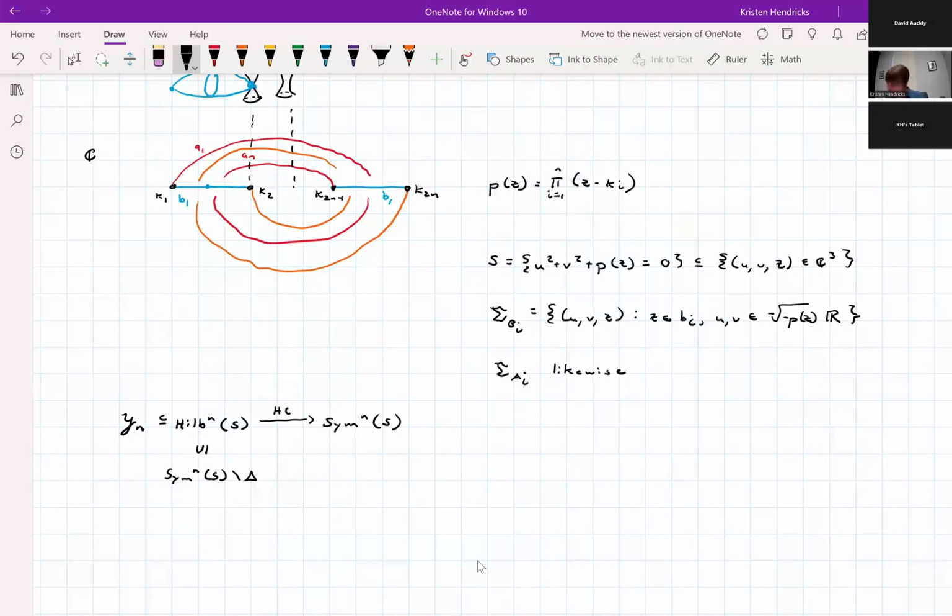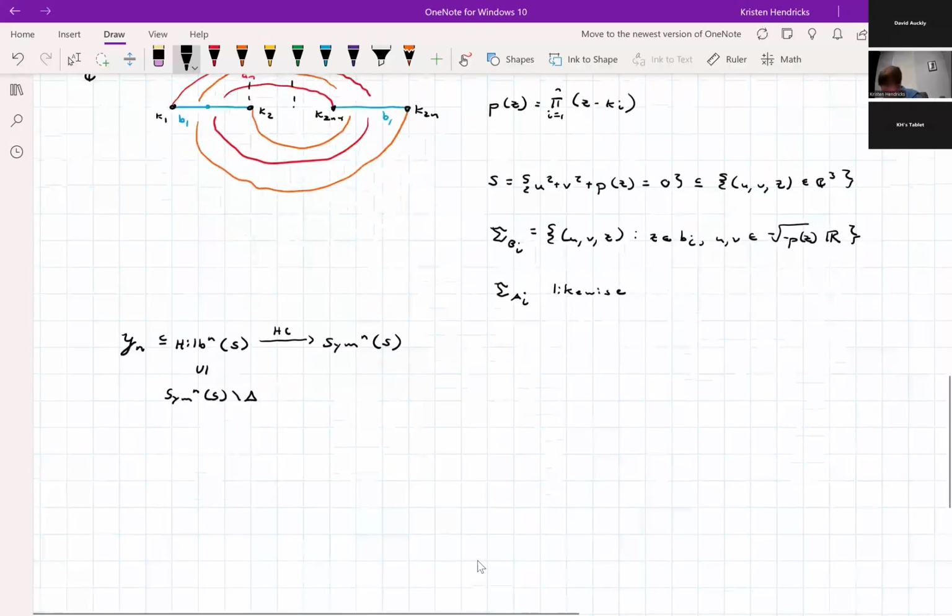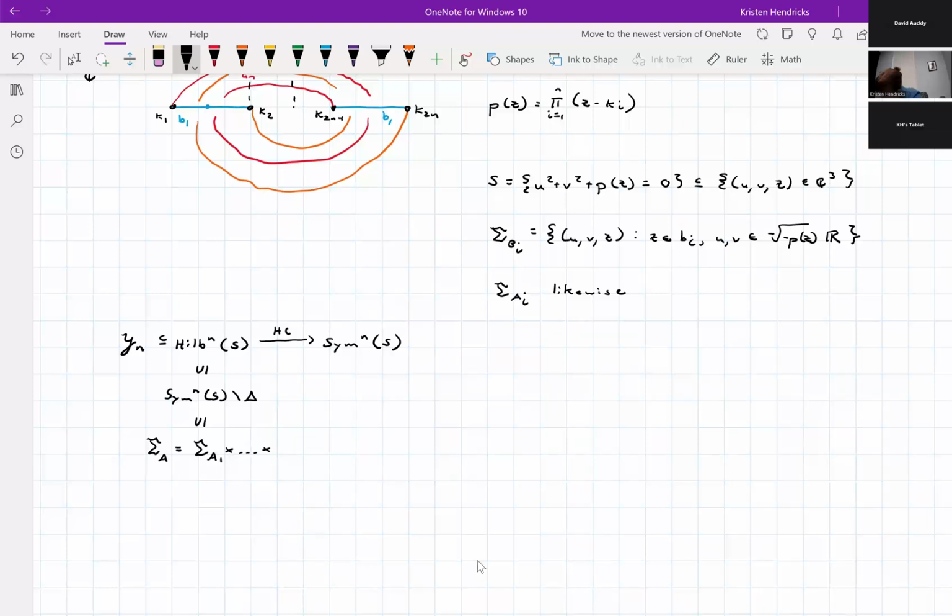Inside of this symmetric product minus diagonal, one would also like to notice that we have the product of all of the spheres associated to the A arcs sitting above them in S. And also inside here, we have the product of all of the spheres associated to the B arcs. Okay, so they're in the symmetric product. In theory, the points are unordered, but in fact, for each of the sets of spheres, they don't intersect pairwise, so you can order them if you like. You have the ordered product.